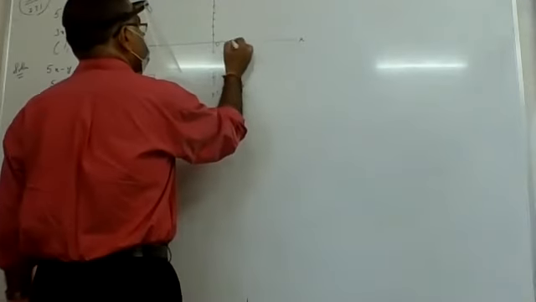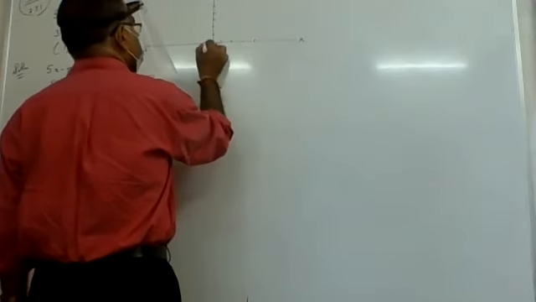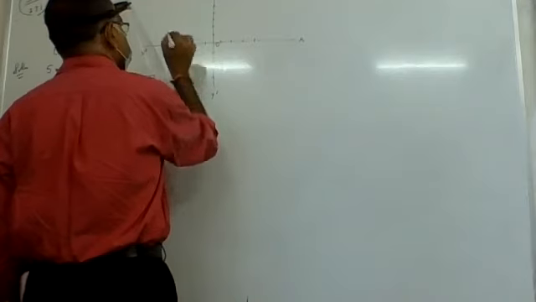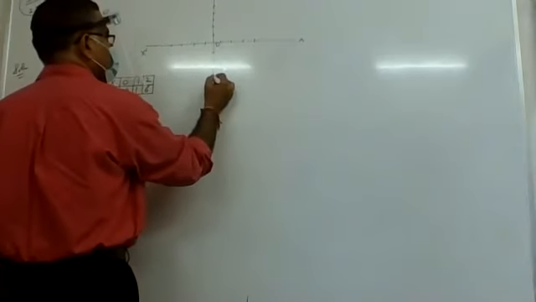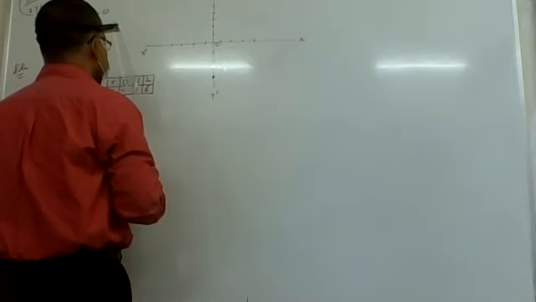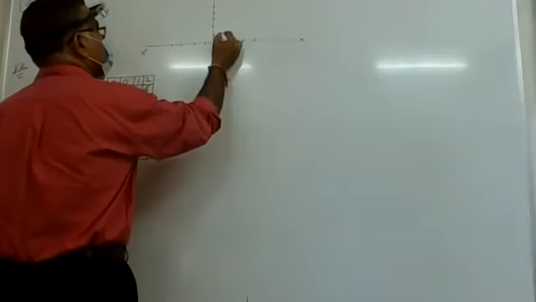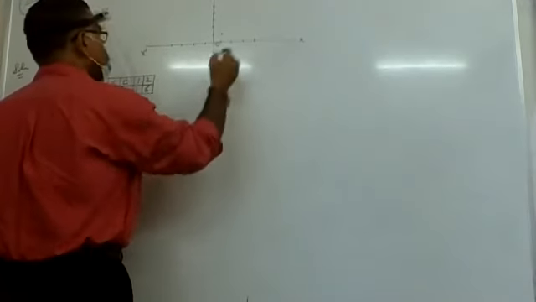Let it be 1, 2, 3, 4, and minus 1, minus 2, minus 3. The first point is (0, minus 4). The second point is (1, 1). The third point is (2, 6).